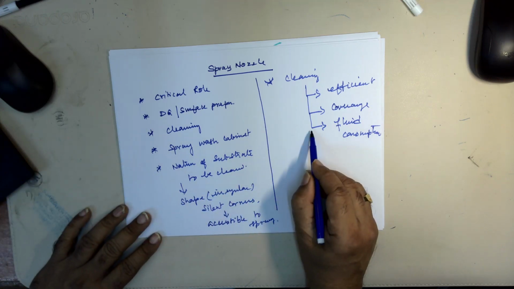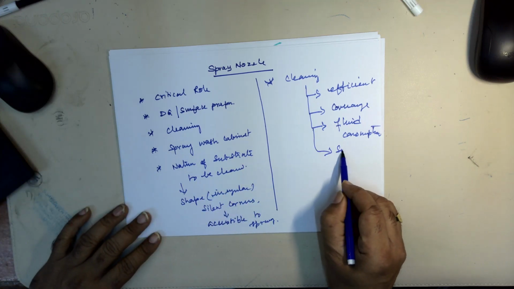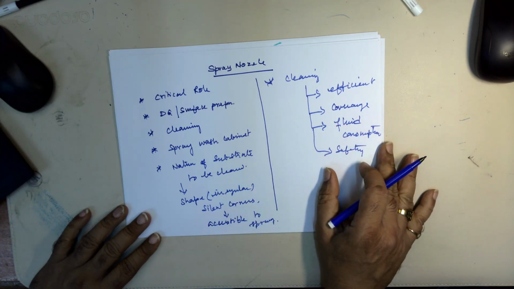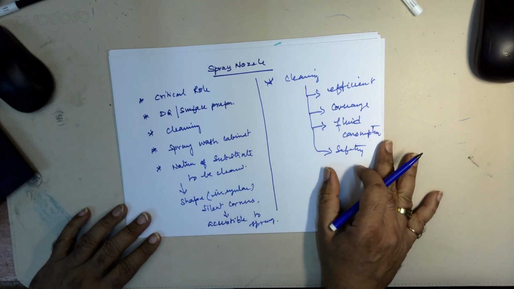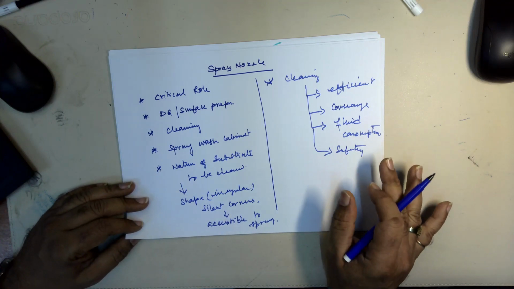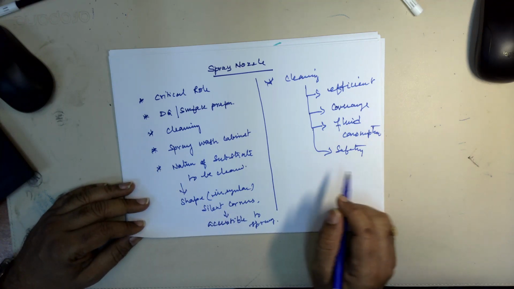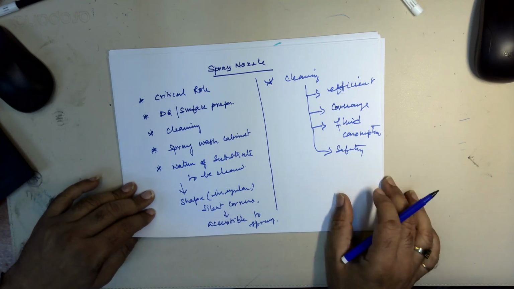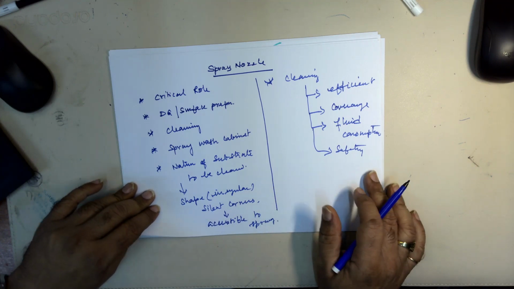With all that, there are the safety parameters, etc. Sometimes the nozzle should not get blocked, and our liquid should be totally free from any grits or powder or precipitates. So all of these are important parameters to be monitored.